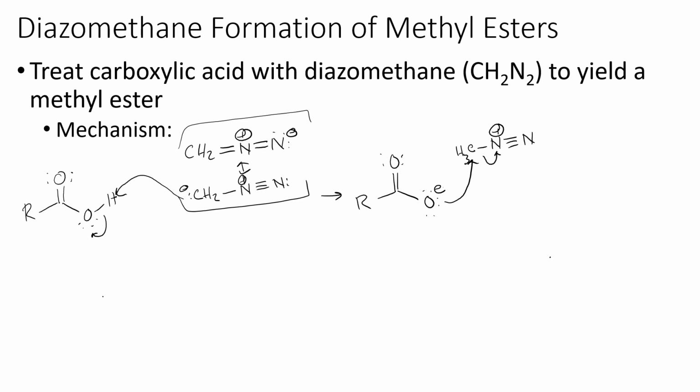It will break the bond between the carbon and the nitrogen, which will specifically produce for us that methyl ester, as well as our nitrogen gas. Again, the trimethylsilyl diazomethane will behave in a similar process. It would just be a little bit easier to work with than the true diazomethane that is shown in the mechanism.